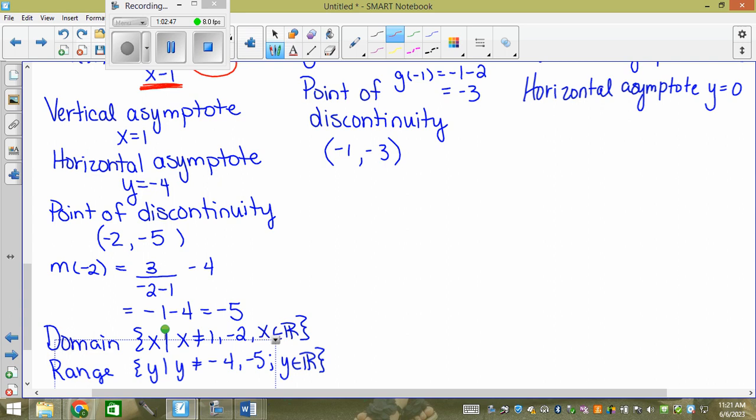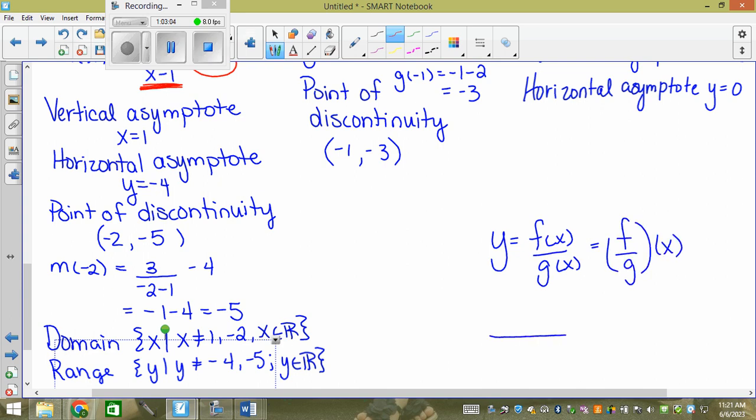With division, there's a catch. Because with division, you're going to divide by 0, right? So if I gave you, let's say y equals f of x over g of x, or the ugly version of this, which is f over g of x, which means the same thing, you have to watch where, so if this is f, and this is g, the red is g, wherever g crosses the x-axis, what's going to happen?